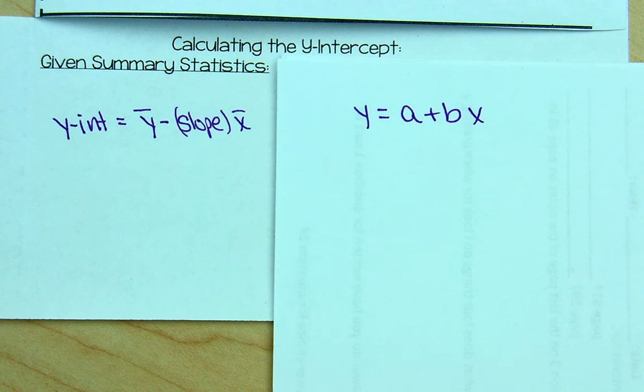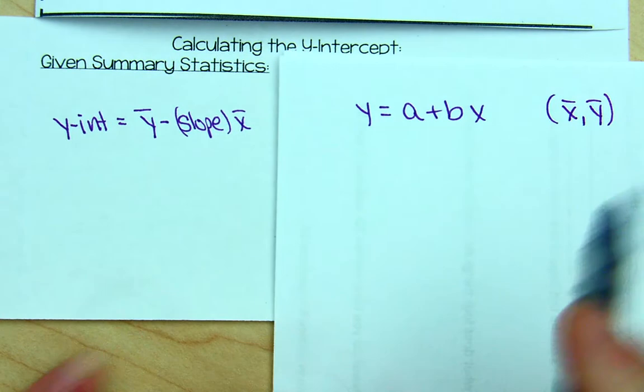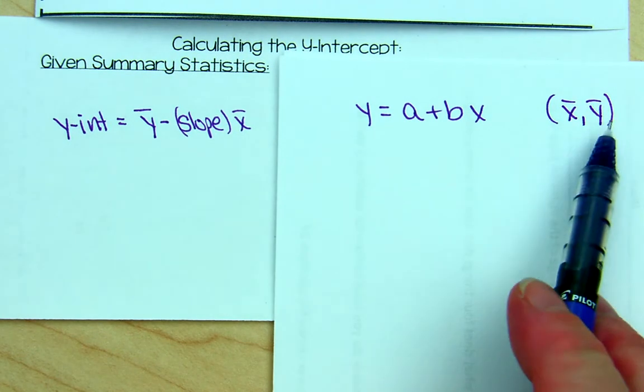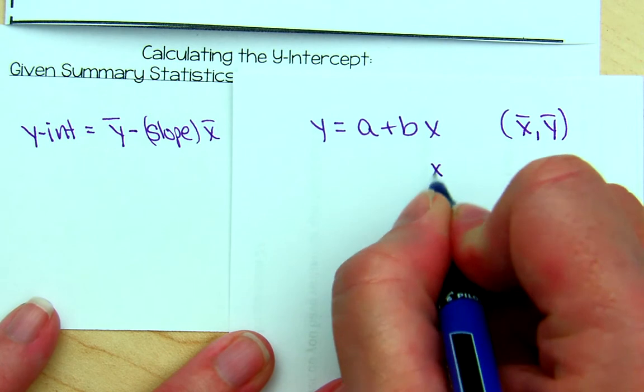Anytime you find the least square regression line, it always goes through the ordered pair x bar, y bar. So the mean for the x variable and the mean for the y variable is always a point on the least square regression line. Okay, that's always one of the ordered pairs that you can use to find this.